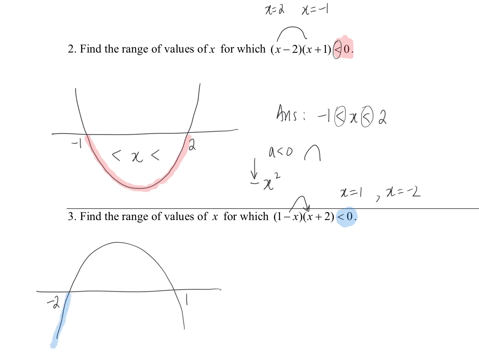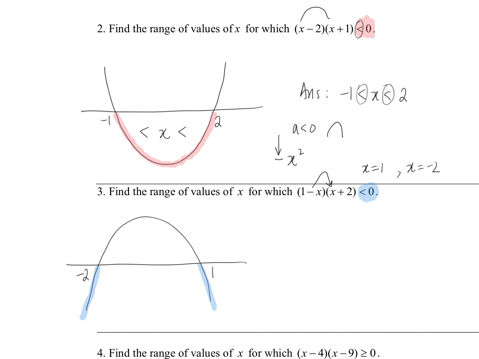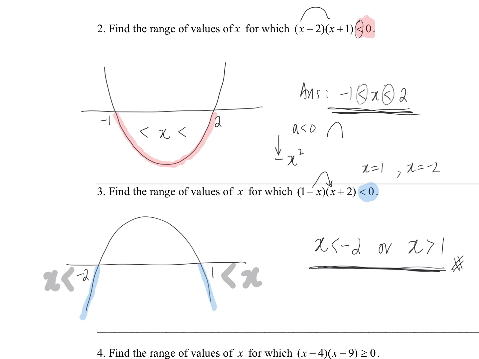So your answer is a split solution: all the x value that is less than -2, or all the x value that is greater than 1. So you must find the correct set of solution. One question like this can be 2 or 3 marks. If they never factorize for you, they give you an extra mark for it.